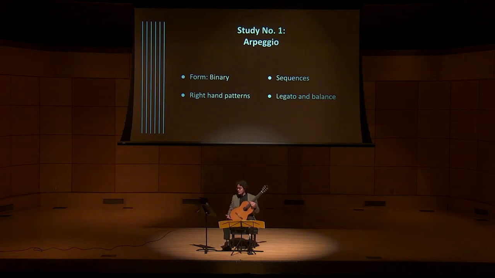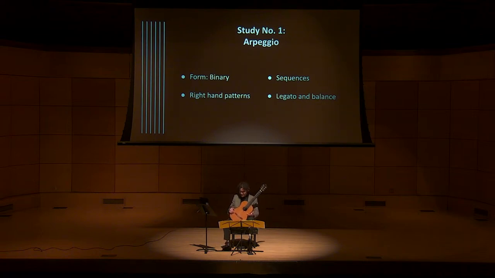And after that, you're going to hear some very dramatic closing material with several changes to the arpeggio pattern, and then finally the final cadence of the piece. So the arpeggio is going to be the core technique that this study will address. It's going to work with endurance and speed. And there are a lot of bars, but I'm not going to go into that.